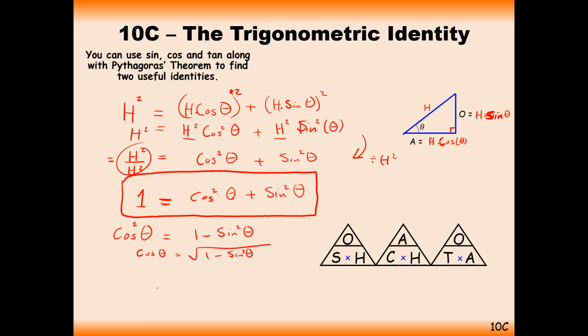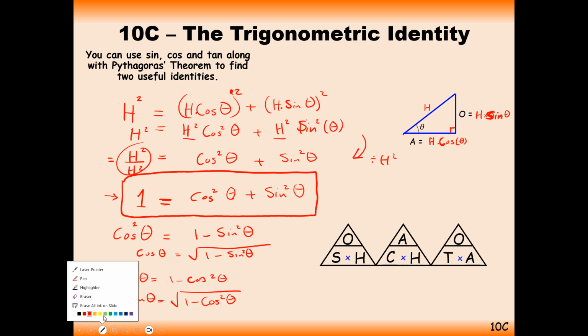Now you could have also rearranged it to sine squared equals 1 minus cos squared, and you can take the square root of both sides. Sine theta will be the square root of 1 minus cos squared theta. Alright, so that's one way of proving this identity.